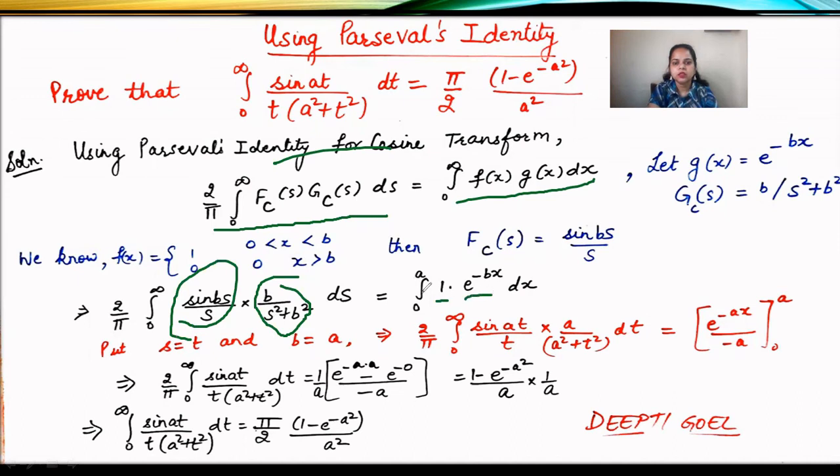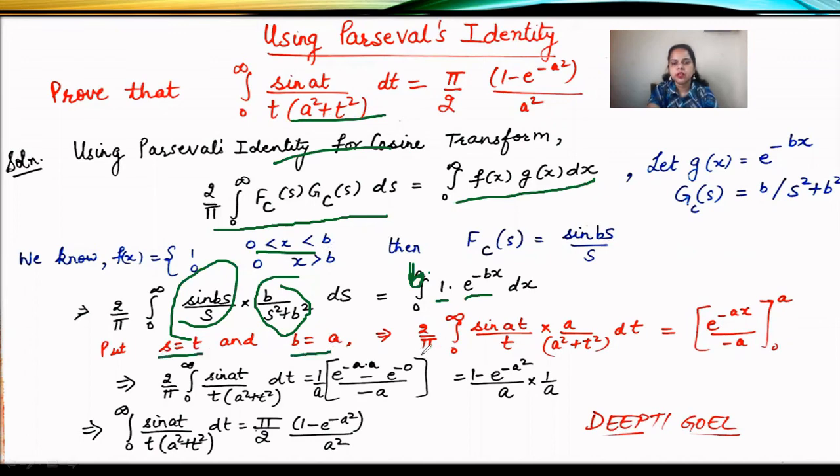And the limits are 0 to a, because we will be substituting b equal to a. Initially you can also write it as b, because the limits of x were lying between 0 to b. In the final result we are not having any s, we are having t's. So we replace our s by t and we substitute b equal to a.